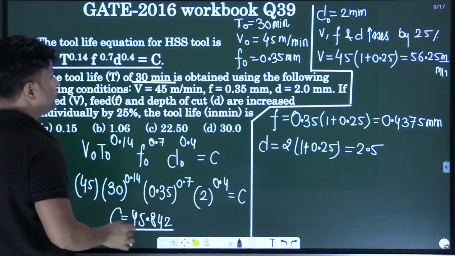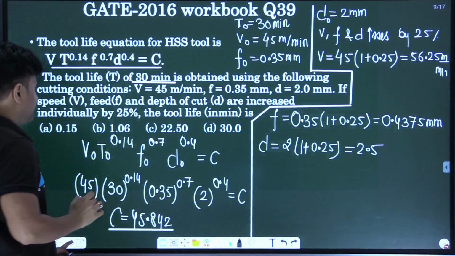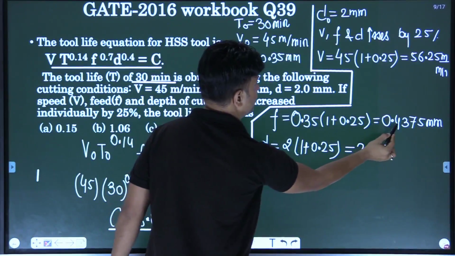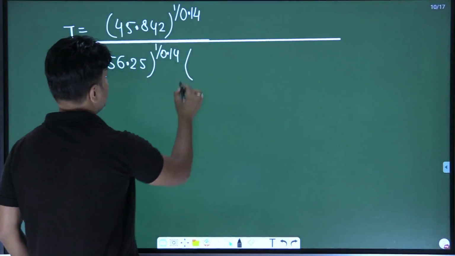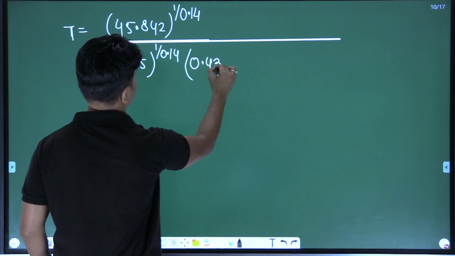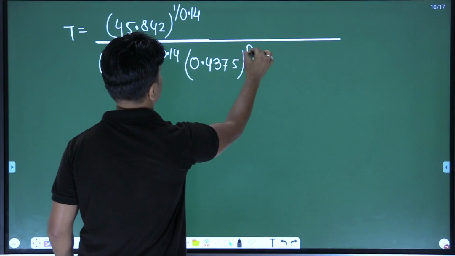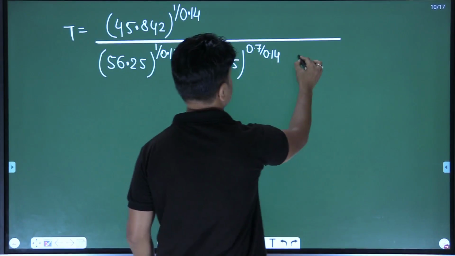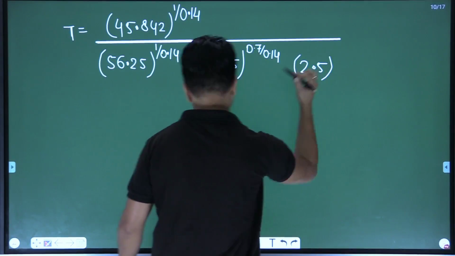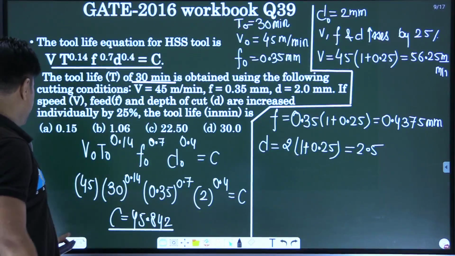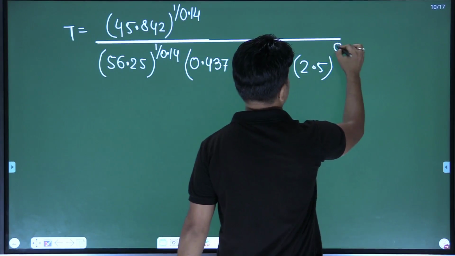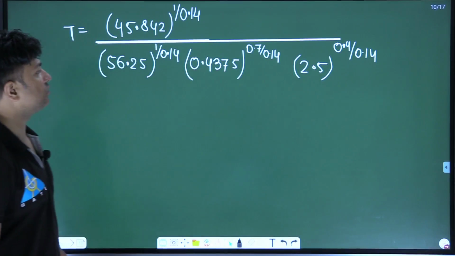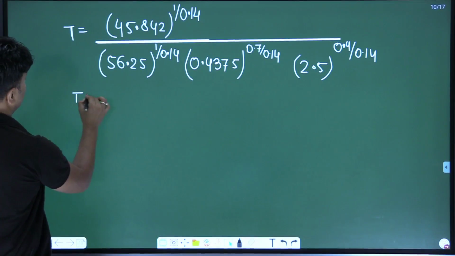Now the feed, the value of feed is 0.4375, to the power 0.7 divided by 0.14. Now the depth of cut is 2.5, and the power of depth of cut is 0.4, so you can write 0.4 divided by 0.14. Right. Now you can calculate the tool life.